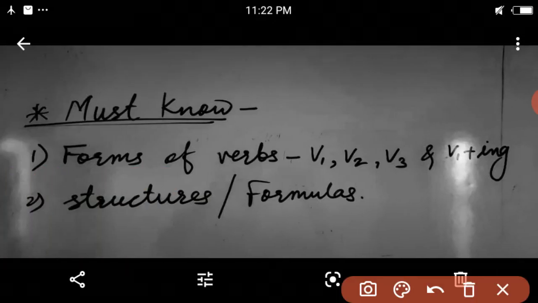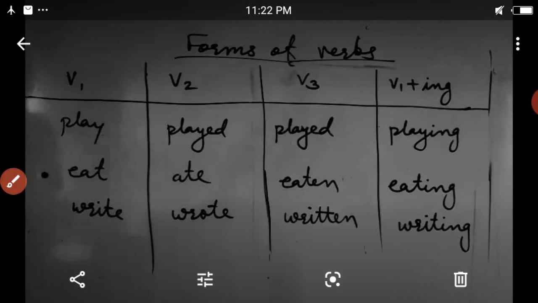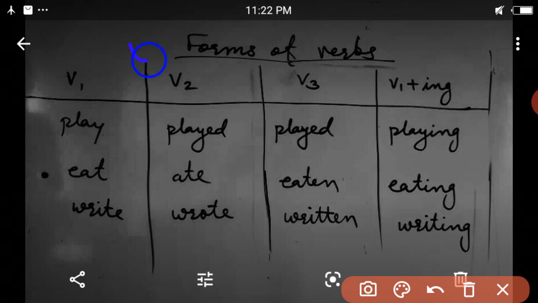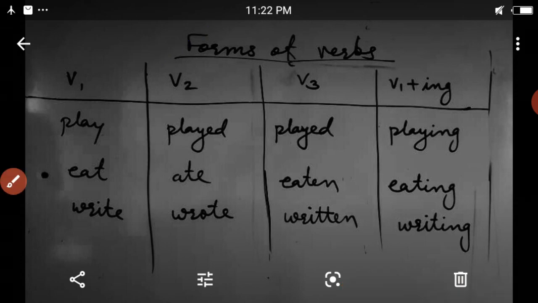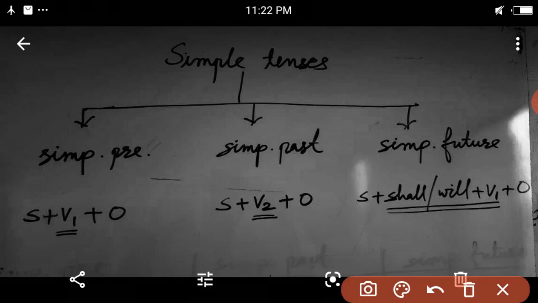Later, what we must know, that is forms of verb and structures or formulas of each tense. Next, I gave some examples of forms of verbs, that is V1, V2, V3 and V1 plus ing. Next, I explained the structures of simple tenses, that is simple present, simple past and simple future.